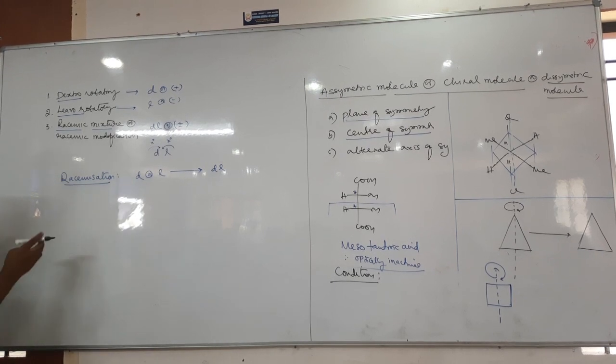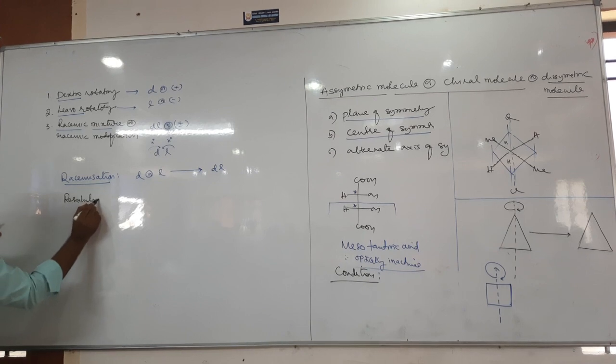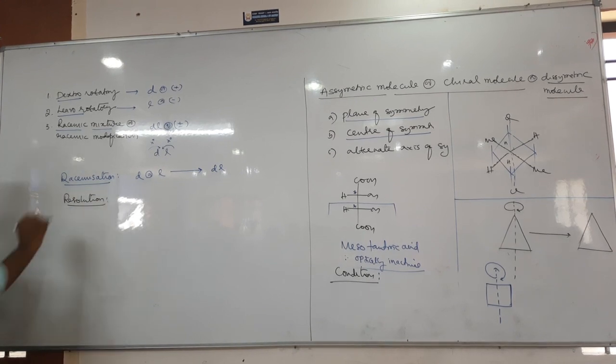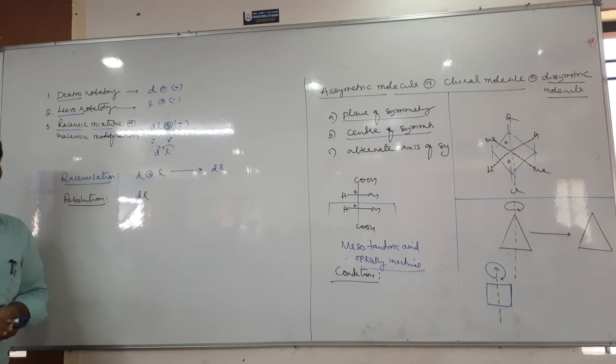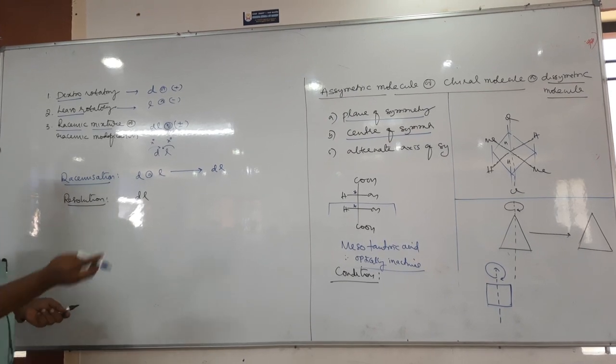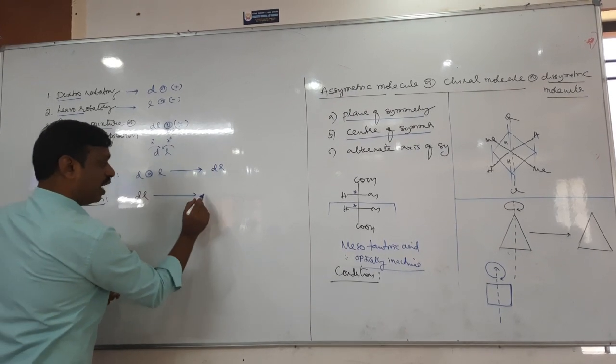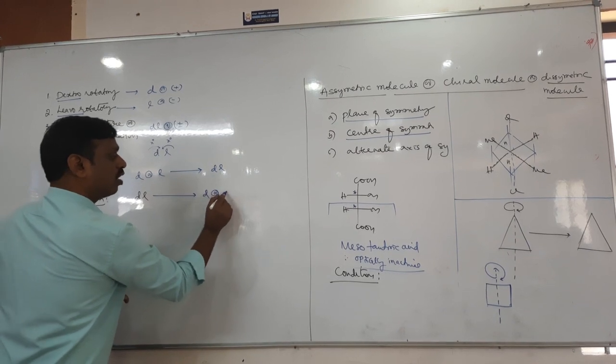Next, another important term, resolution. Resolution is quite the opposite. Let us take the DL form, which is optically inactive. Then convert DL into either the D form or the L form.